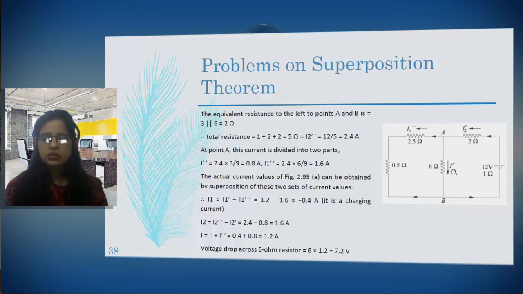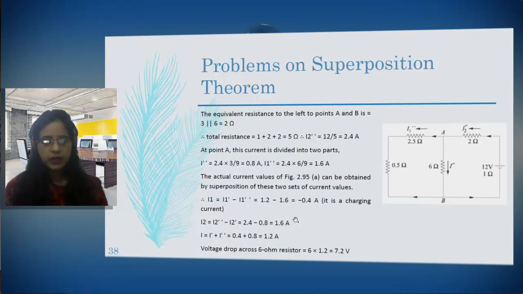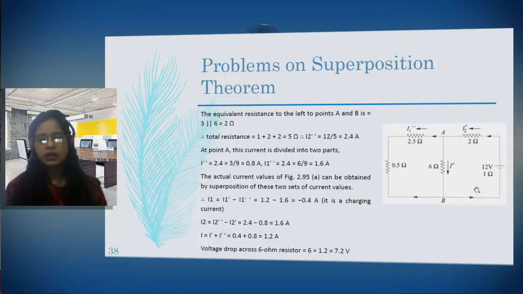Now see, this current direction is downwards, this current direction is downwards, so the overall current will be added up. I is equal to I dash plus I double dash, since this direction is the same as this direction. So both the currents will be added up. Now let us consider I1.